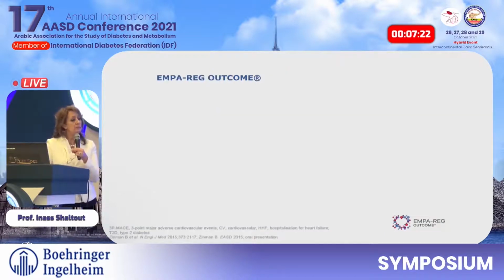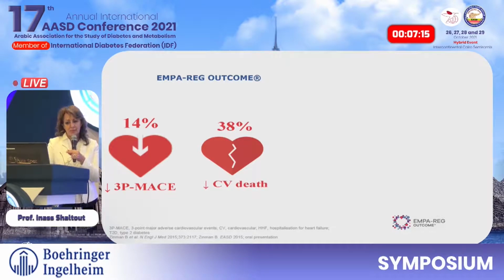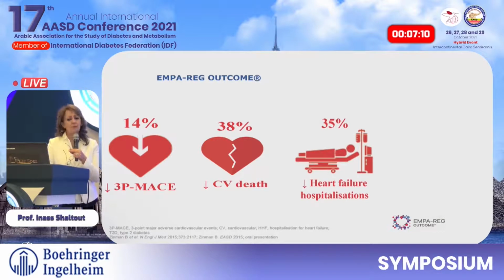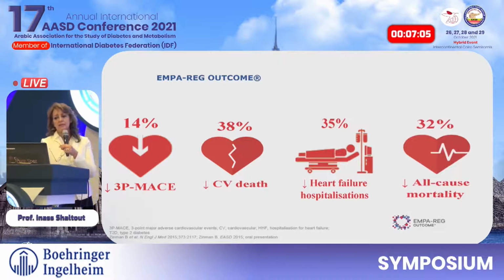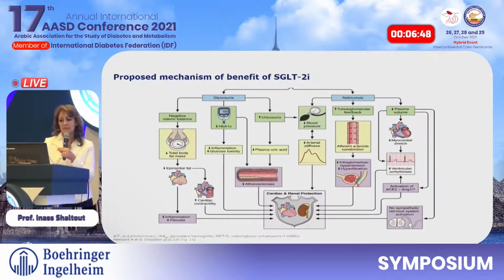This is the outcome: 14% reduction in 3-point MACE, 38% reduction in cardiovascular deaths, 35% reduction in heart failure hospitalization, and 32% reduction in all-cause mortality. So this is really a breakthrough in cardiovascular protection in diabetic patients. And this was the figure for lowering the 3-point MACE by 14%.